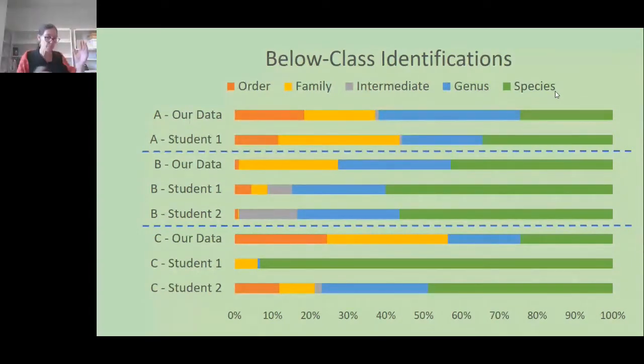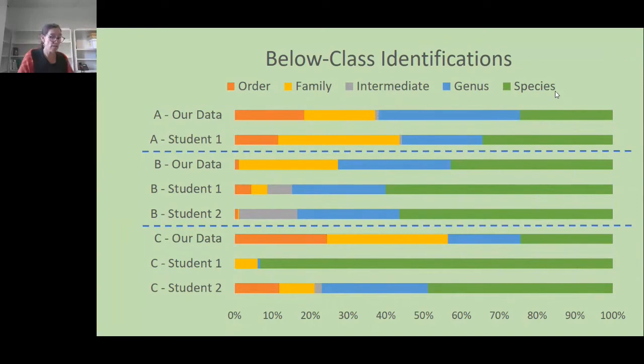So for example, when an analyst says that a bone belongs to a smallmouth bass, it is possible, depending on the bone, that it could also come from a largemouth bass, but maybe the analyst didn't check. And so by calling it a smallmouth bass, rather than just saying it's a bass, they're asserting more precision than is actually possible.